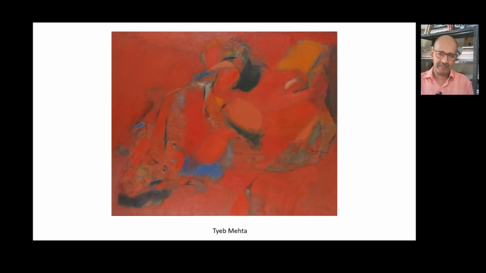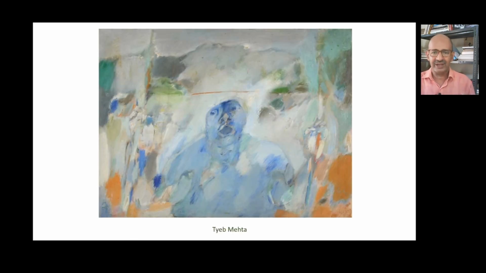Taib Mehta, from Taib Mehta onwards, apart from the new urban space, we also get to see the beginning, not exactly the beginning, but we can say a new beginning of a very important trend in modern Indian art, that is the new figuration. Figures which may not have any direct identity. This man could be anybody.